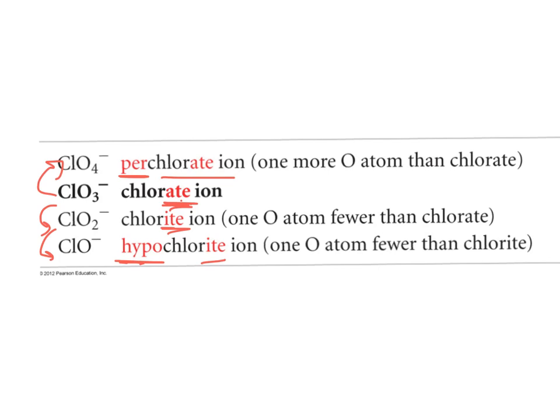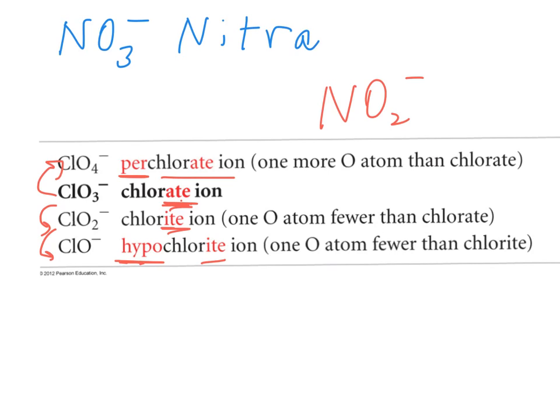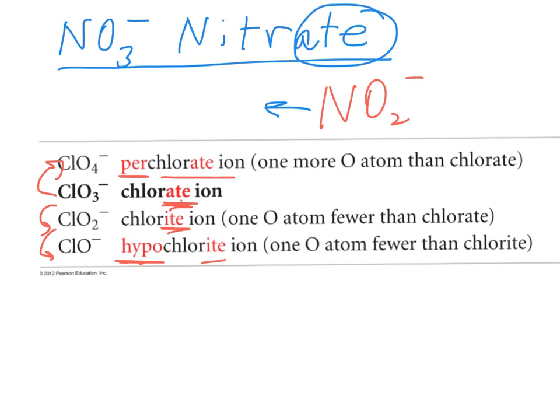So for example, what is NO2 -? First you look at what you've memorized. You memorized NO3 - as nitrate. This is one of the 6 that you have to memorize, called the common ions. If you look at NO2 -, it's got one less oxygen. So the rule is, if you have one less oxygen, the ate becomes ite. So you take the root nitrate and it becomes nitrite.